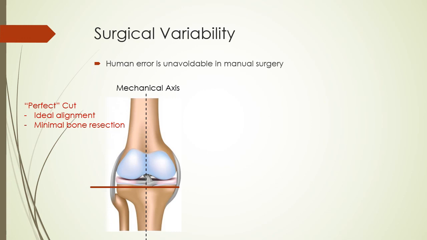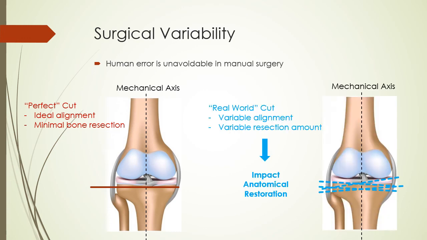If we shoot for a 3 mm resection, or 5 mm, it will be right on, not more, not less. That's an unrealistic assumption. So in reality, we will have some degrees of error in alignment, and we may take more bone than we need to, or less, either way. But these will change the actual resection cross-section, and also impact anatomic restoration.